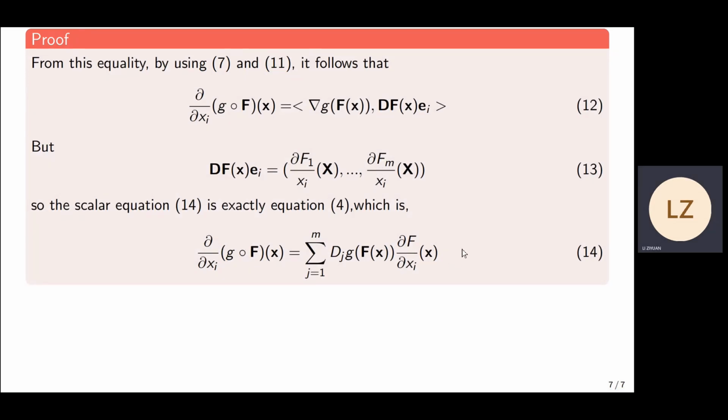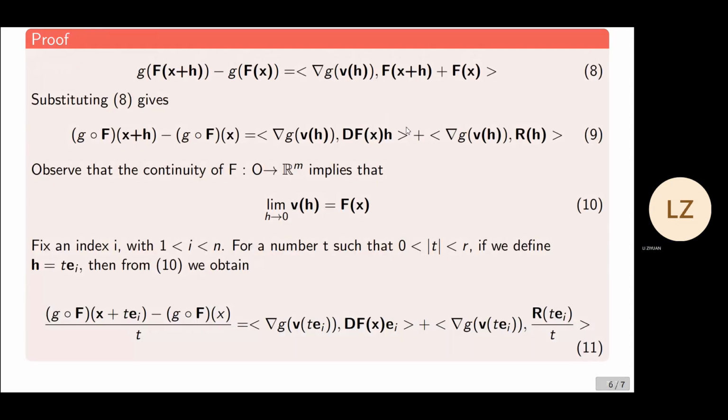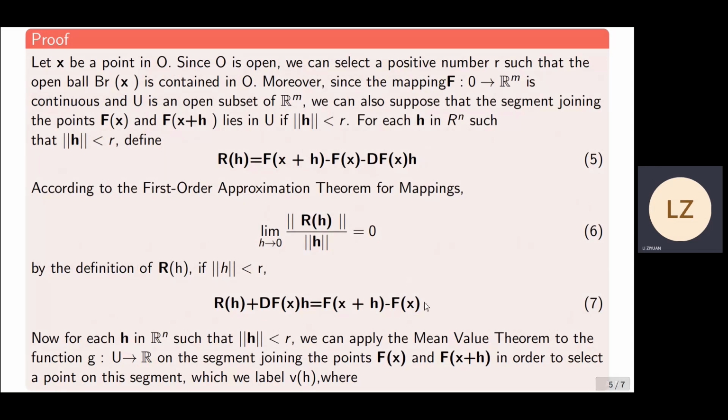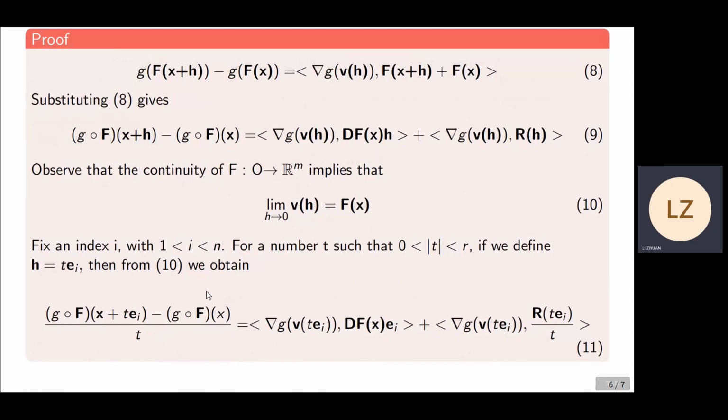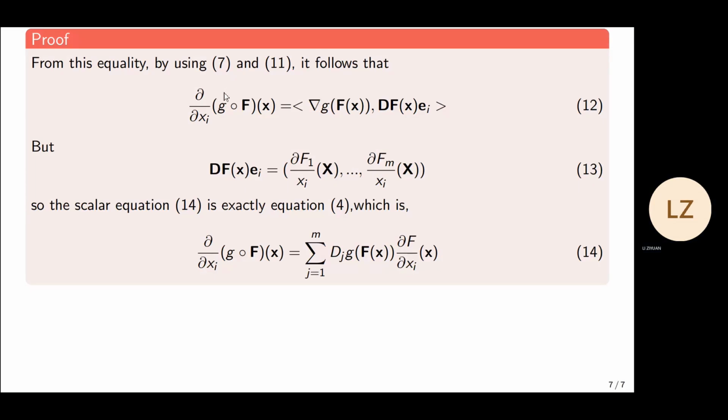For this equality, by using equations 7 and 11, the definition of h, and changing h to tei, we have the partial derivative of g∘f at x over xi equals the inner product of the gradient of g at f(x) and Df(x)ei.